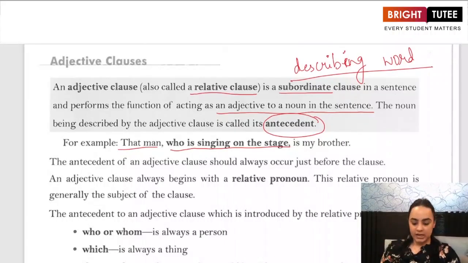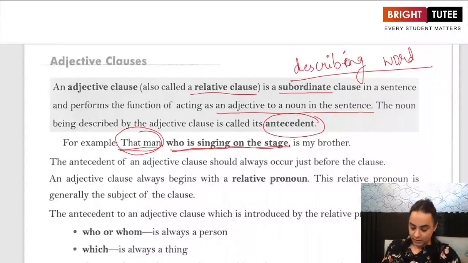What is my adjective clause? Who is singing on the stage, because this is how you have described the man, or your brother. Now, what is the noun that is coming before your adjective clause? The man. So this noun which comes before my adjective clause is known as its antecedent.